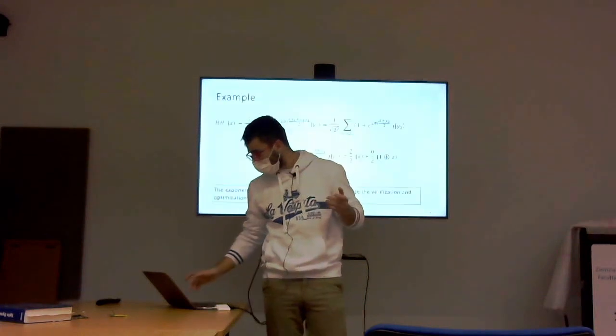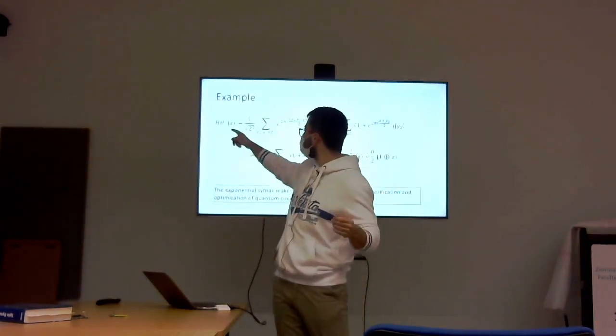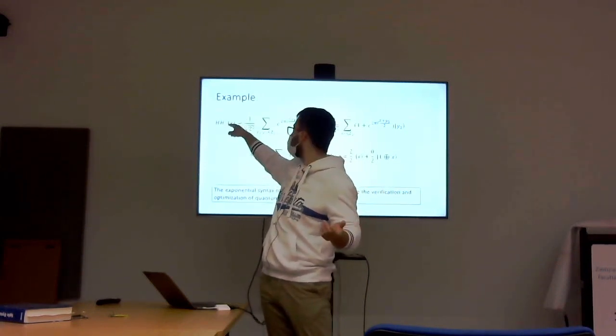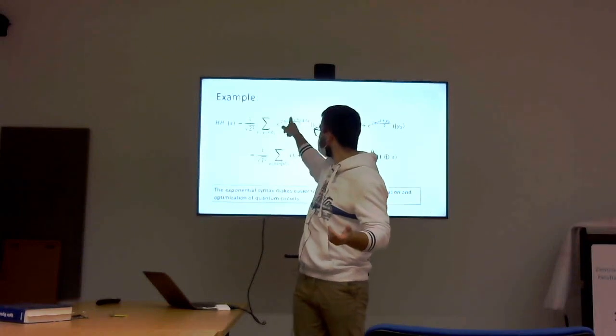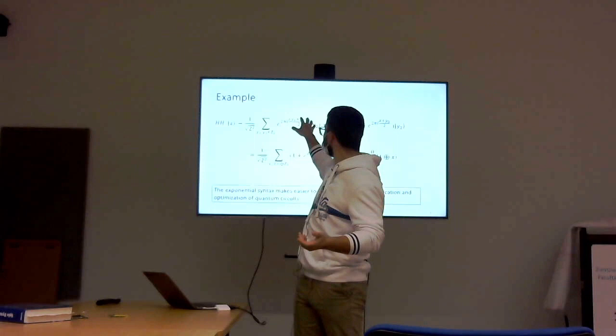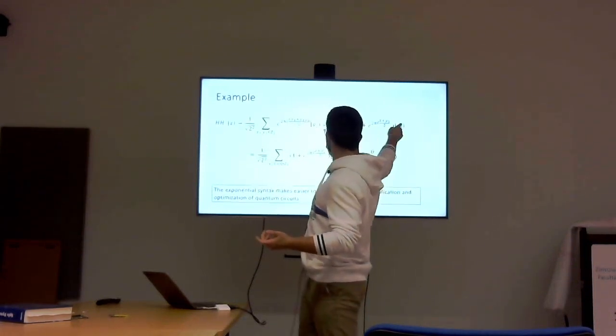For example, here I show a really simple example: apply the Hadamard gate two times to an input x. You take the other expression of the Hadamard and write it two times here, and then you can simplify, getting this result.